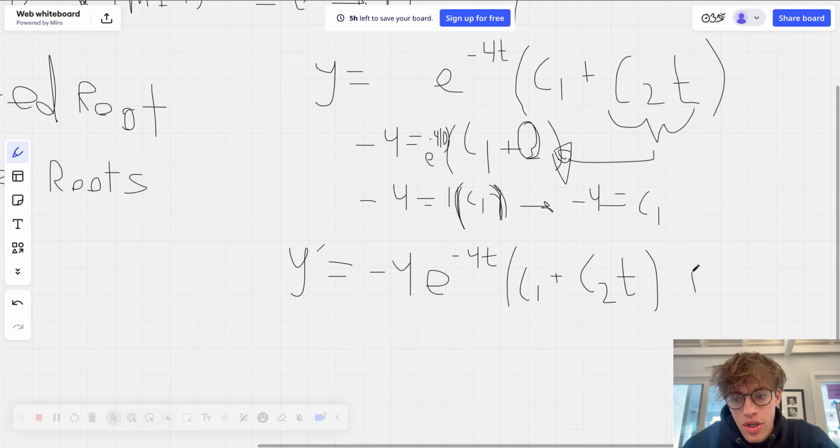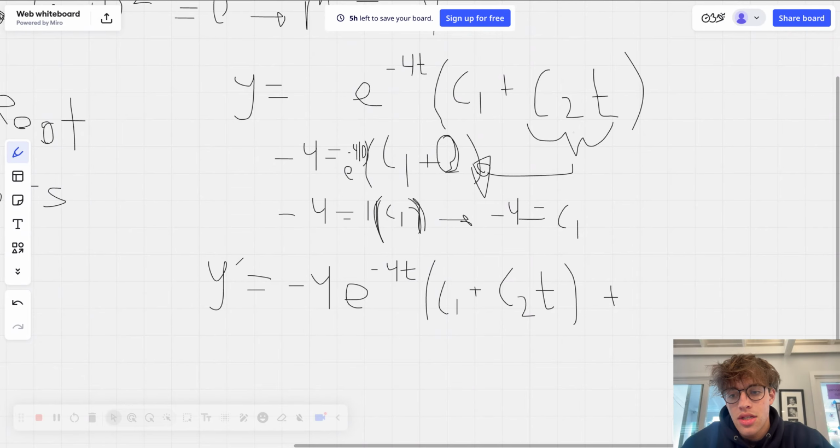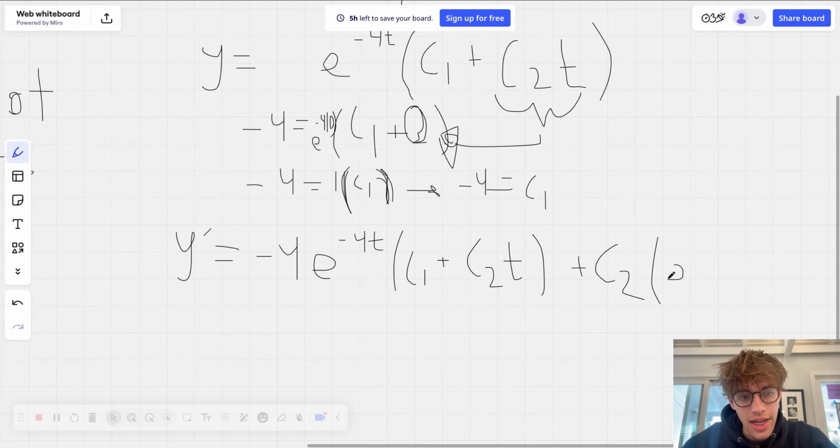And then plus 1 times 2 prime. With respect to t, the constant term goes to 0, and the t to the first power goes to the 0th power, so 1, and then it's just C2, times e to the -4t.